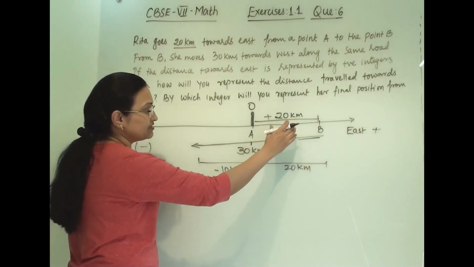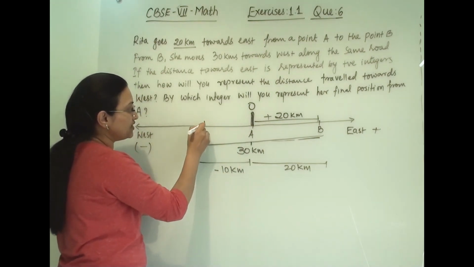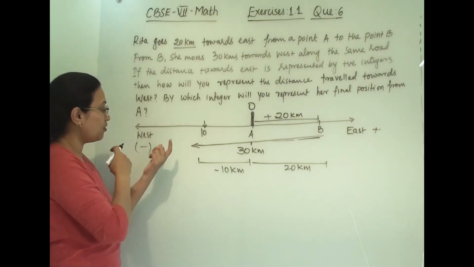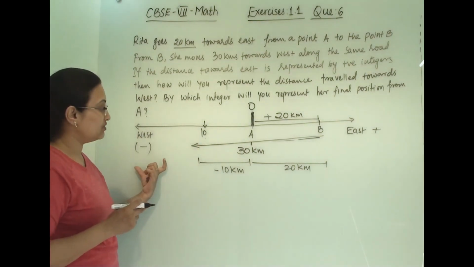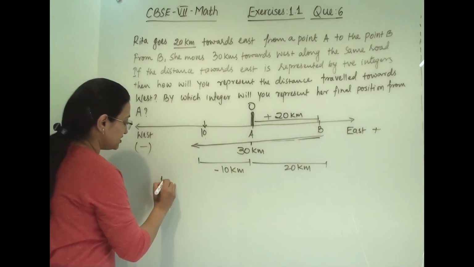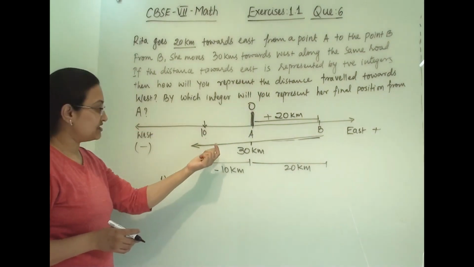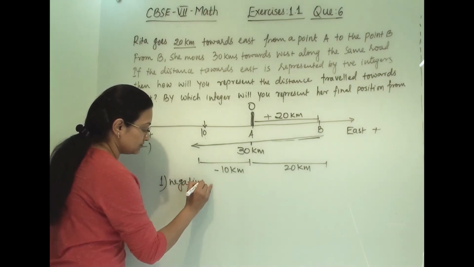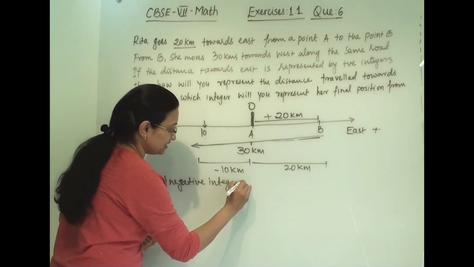So 20 she will cover from B to A and further towards west 10 kilometers. Towards west all the numbers we denote with negative numbers, so this will be minus 10. So the first answer is negative integers.